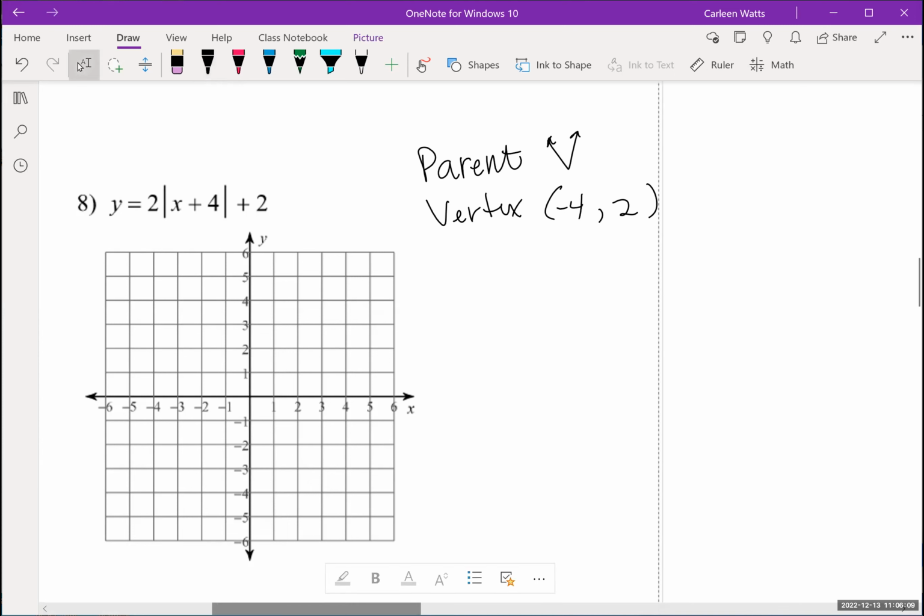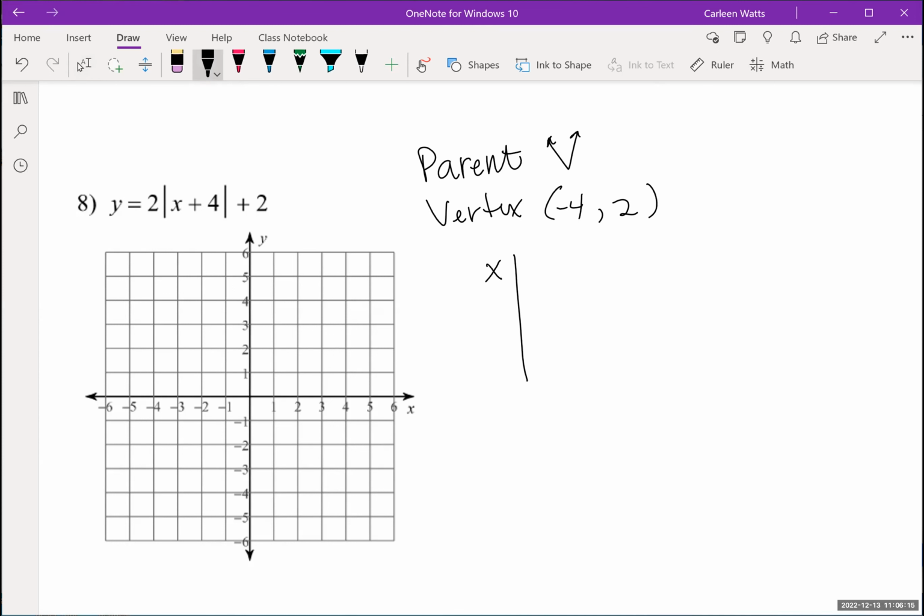Okay, let's make a table. And we know this is not a U, this is a V. So -4, 2 goes in the middle.